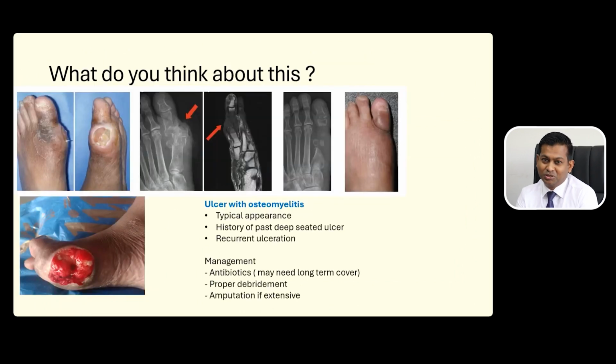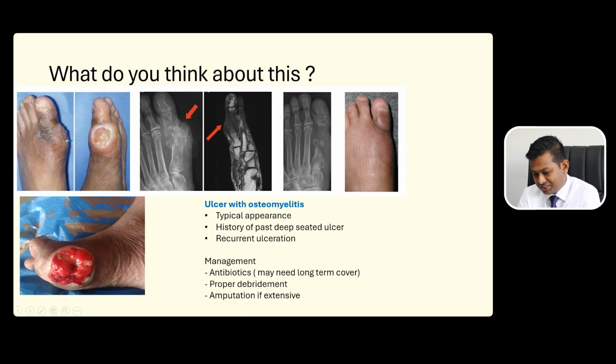Okay, so how do we feel? So we have gone through the basic types, but always there's more to learn. I'm sure many of you have seen this one, the large sausage-shaped big toe, small ulcer here. You treat it for some time, do some wound care, someone has done a debridement and it looks healthy.